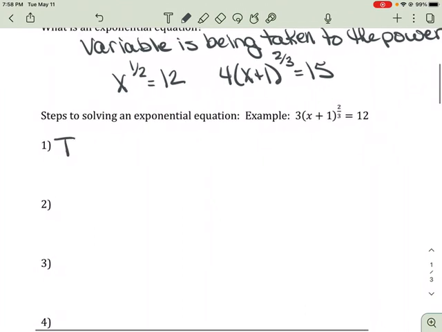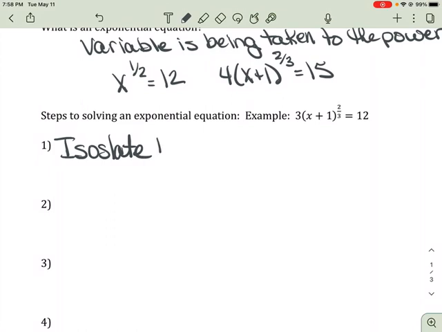Again, we're going to isolate the expression that is taken to the power.